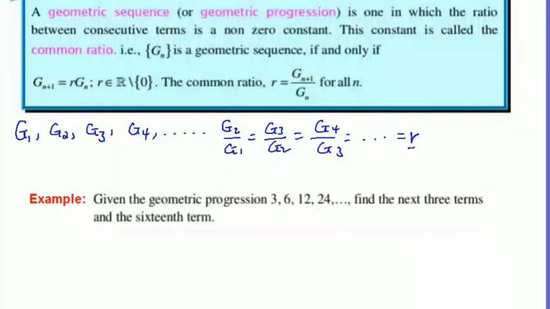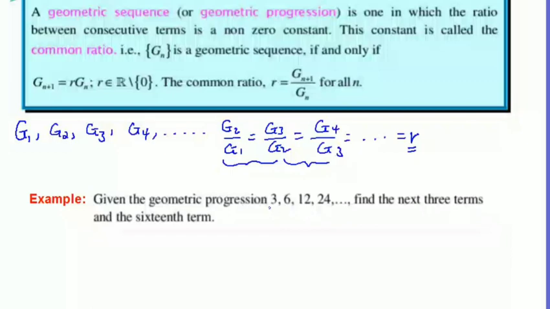This r is called the common ratio. So a sequence is said to be geometric if the ratio between consecutive terms is constant. Such a constant is called the common ratio.